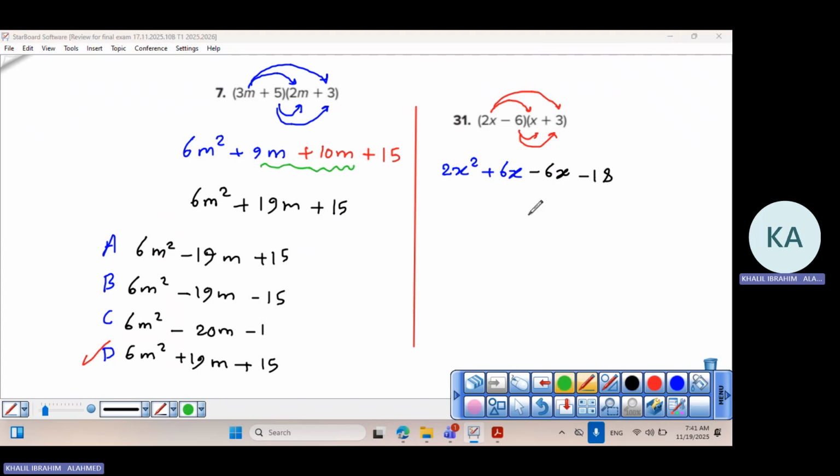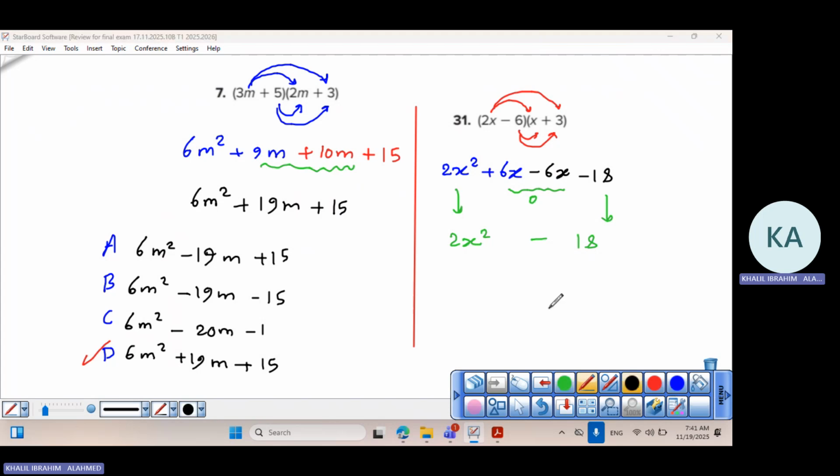If you look at the middle, here we have two terms, 6x minus x equals 0. The final answer is 2x squared minus 18. This is the answer.